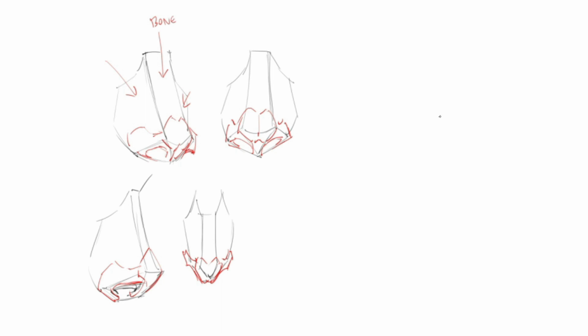What I'll typically do is simply lay in a line at the bottom of the nose. And usually this line is going to sit on the dark side of the nose, and it's describing the bulb shape, right? So you can start with that.